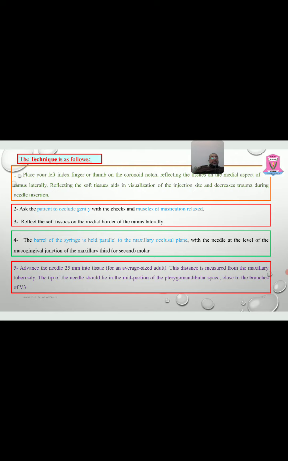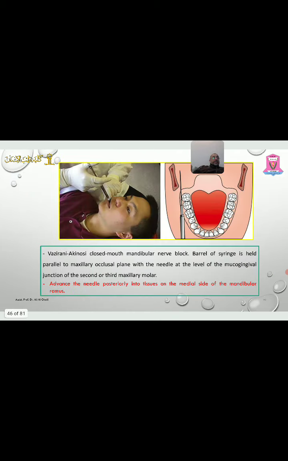The tip of the needle should lie in the mid portion of the pterygomandibular space close to the branches of the mandibular nerve. This is the way we give the Akinosi technique, and this is the depth of insertion of our needle.